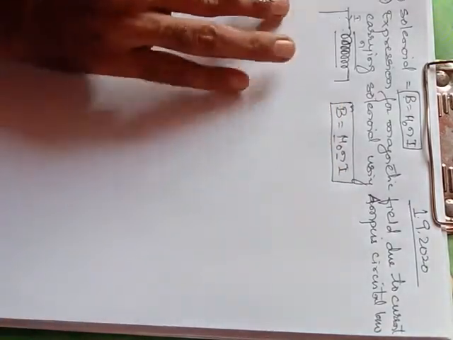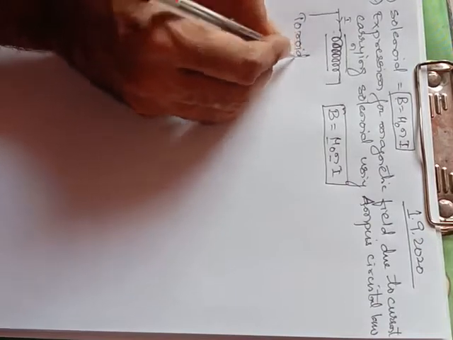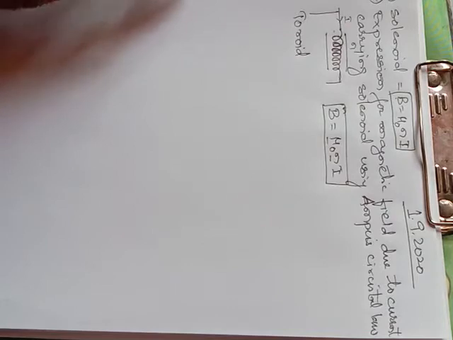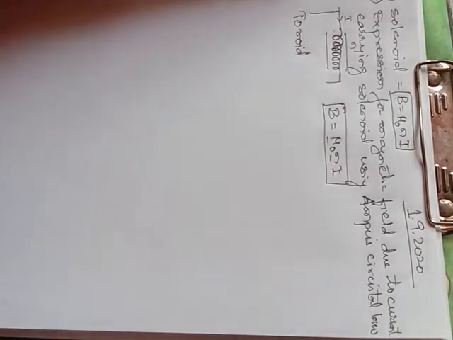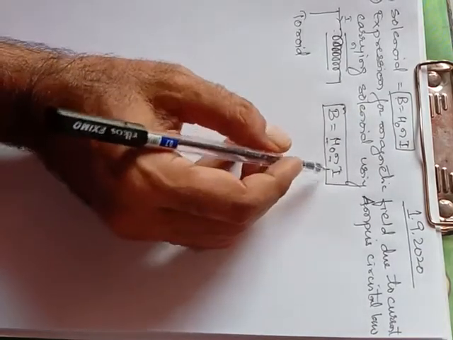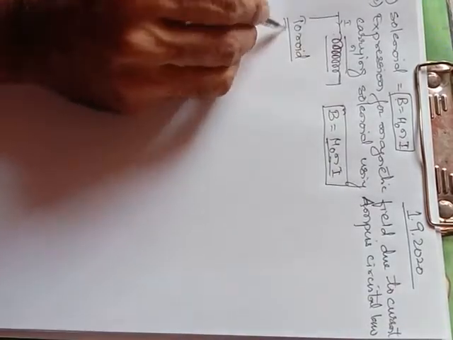So today we have to start with the toroid. Now what is a toroid? Yesterday we derived the expression for the magnetic field due to a current carrying solenoid using Ampere's circuital law, B is equal to mu naught n I. Today we have to see it for the toroid.